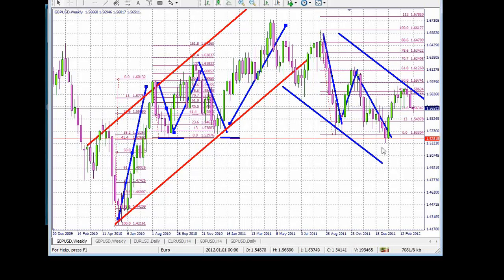This is why we have this corrective wave, because there was one point, starting in August 2011, when all the European countries were downgraded.